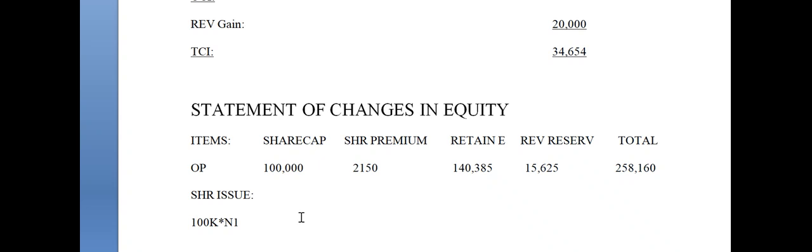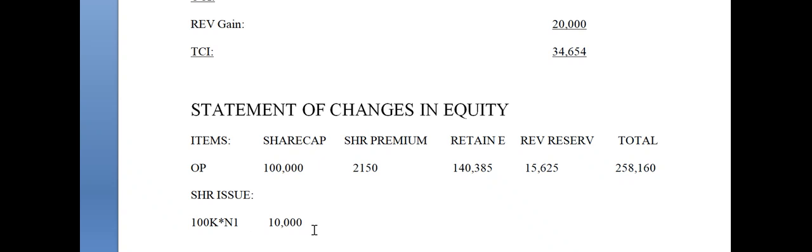Give us 10 million. That 10 million, this 1 naira is the ordinary share price. You recognize it. Then the other one is 20 kobo.